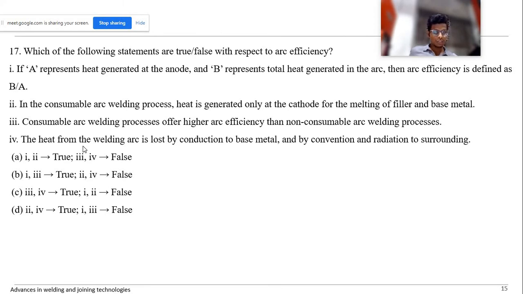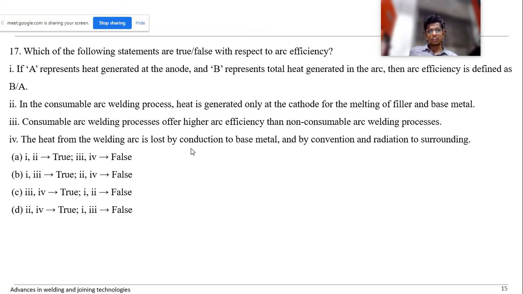And the next question: the heat from the welding arc is lost by conduction to base plate and convection to the surrounding, conduction and radiation. Yeah, once the welding arc is generated, base metal and, if it is a consumable electrode, electrode melts and deposition happens. Once the welding is done, cooling takes place.